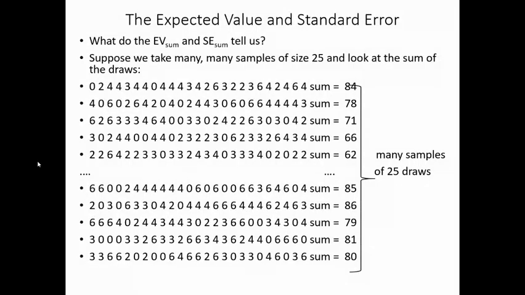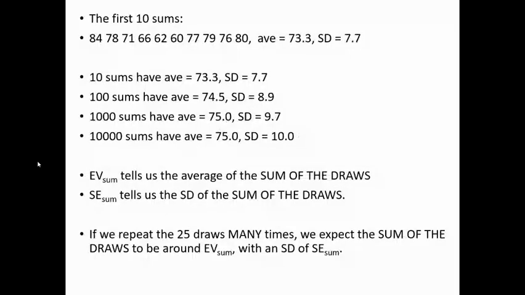So that's how we calculate. So what do the EV sum and SE sum tell us? EV sum tells us the average of the sum of the draws. That should be in your notes. So the EV sum tells us the average as we sum each draw. And the SE sum tells us the SD of the sum of the draws.